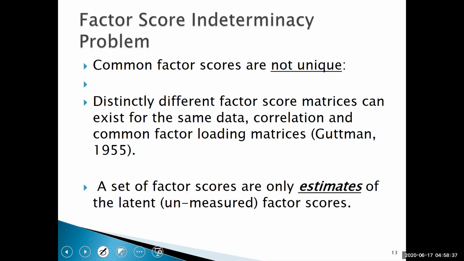However, there are limitations with factor scores. They're not unique, they're only estimates of the true factor scores, the true latent state of a person, of a respondent. So there is still measurement error in them. So that's it.